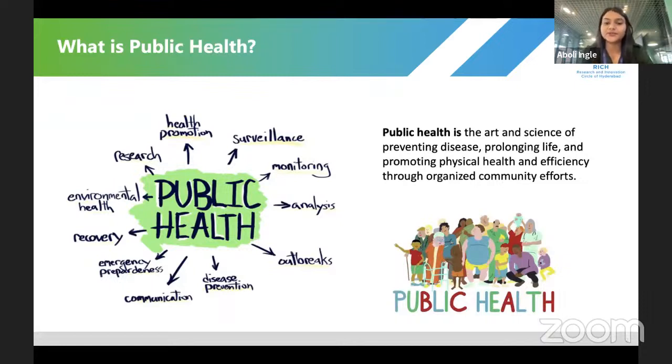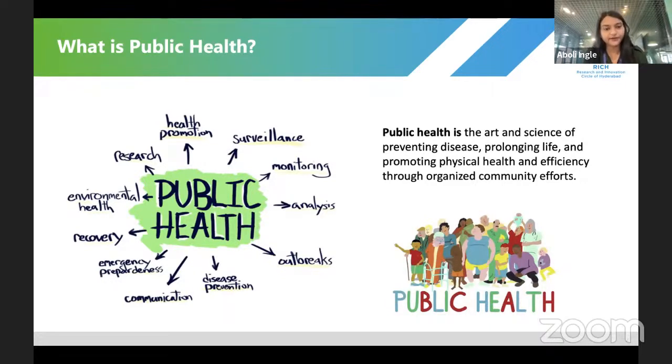Public health refers to the science and art of preventing disease, prolonging life, and promoting physical health and efficiency through organized community effort. Public health focuses on various aspects of population health, which includes disease prevention.